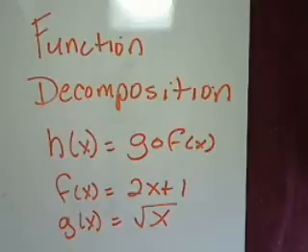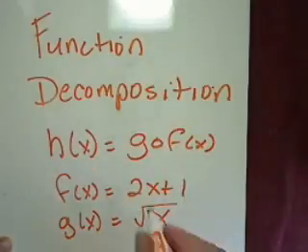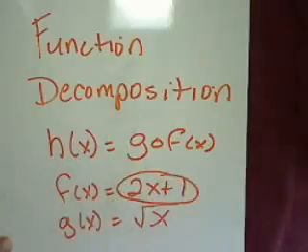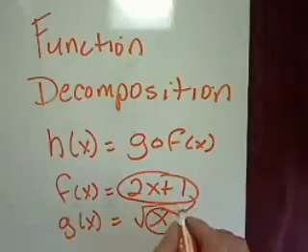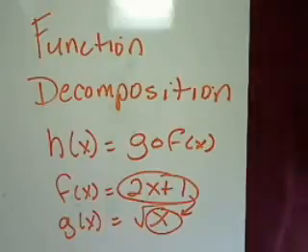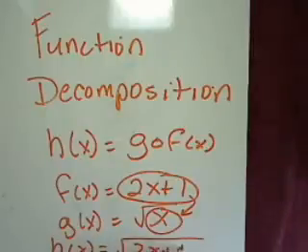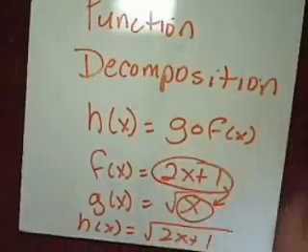Well, I'm starting with f of x, which is 2x plus 1, and I'm plugging it in for g. And in g, the x is right there, so I'm going to plug this in for here. So h of x is equal to the square root of 2x plus 1, which is what we had originally, which you cannot see. There you go.